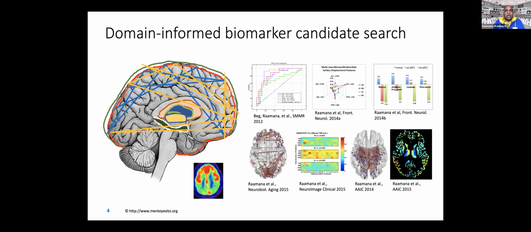For example, I think Anne spent some time elucidating the challenges in terms of imaging. What I try to do is take the stereotypical changes caused by Alzheimer's disease and develop a feature extraction technique that catches those stereotypical changes.